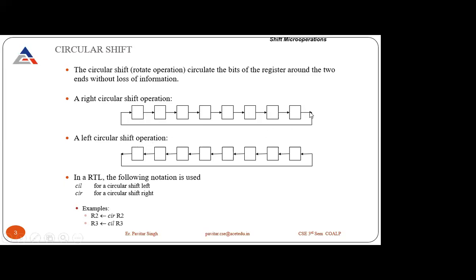So there will be no loss of information, either in right circular shift or left circular shift, right? For right circular shift, all the values are shifted to the right side and your last value becomes the first value. Similarly, in left circular shift, all the values are shifted to the left side and your first value becomes the last value, right?